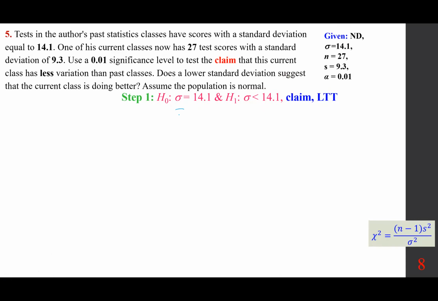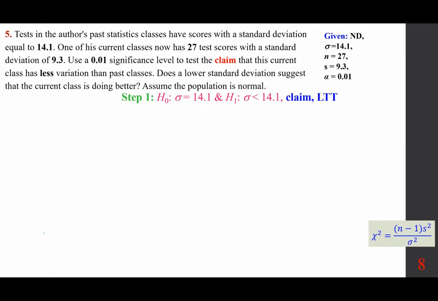If you use sigma squared, then it's not 14.1, you have to square it. And the same thing here: sigma squared less than 14.1 squared. You put it into a calculator, you do the math. That is extremely important to be careful of.